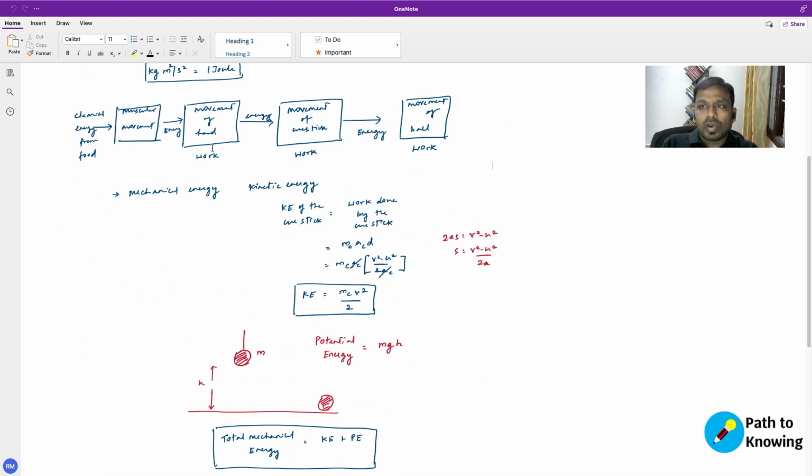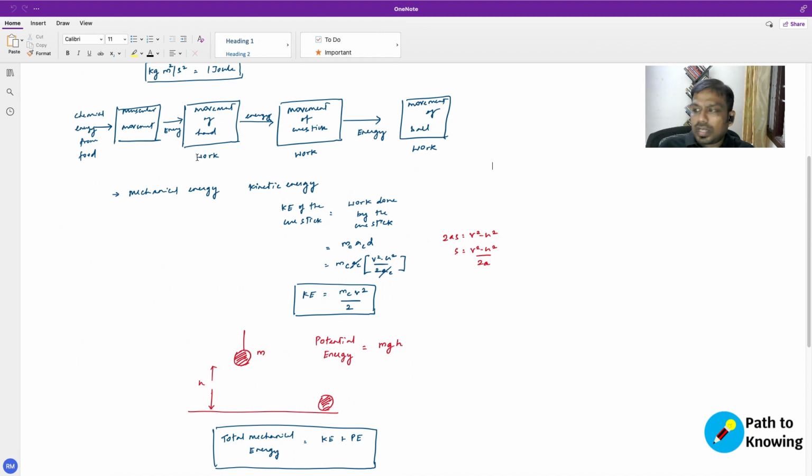Now, this brings us to an important aspect about energy, and you will see this aspect come in many different forms. We have already seen this in the laws of motion. But what we're really seeing here is the universal law of conservation of energy.